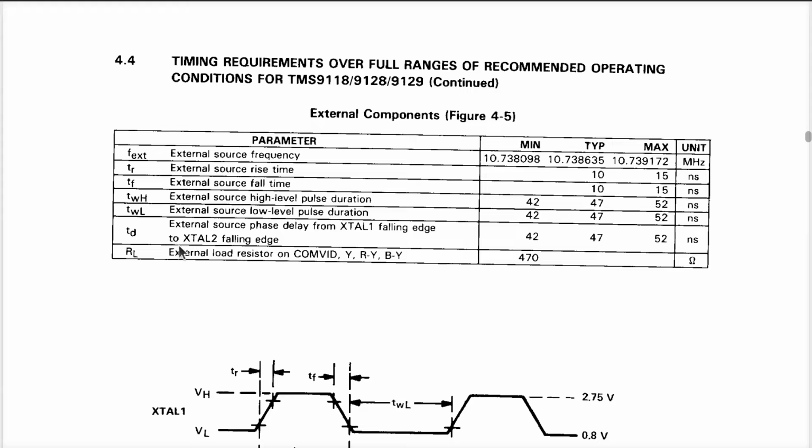And it says that the external load resistor on ComVid or any of the other outputs for the other chips, the minimum resistance value is 470. Suggesting that when I just shoved it in my video capture device and was playing around with it before, that's not what we're supposed to be doing here. We're overloading the output of the chip.